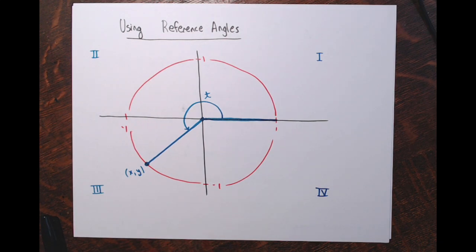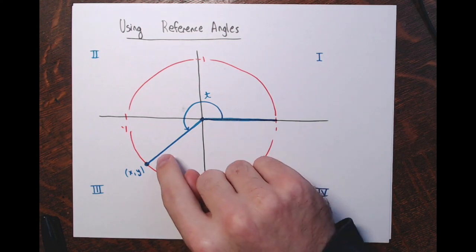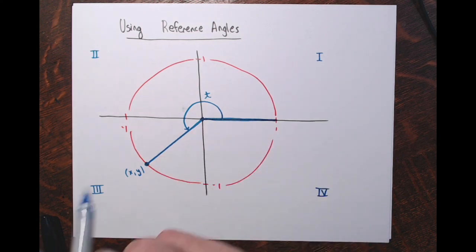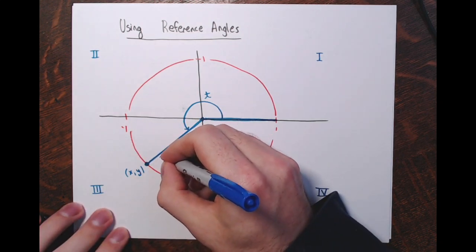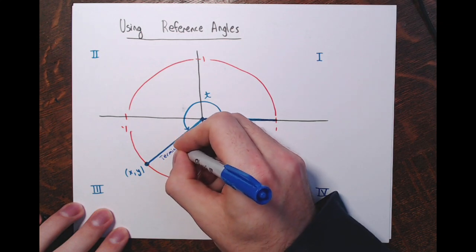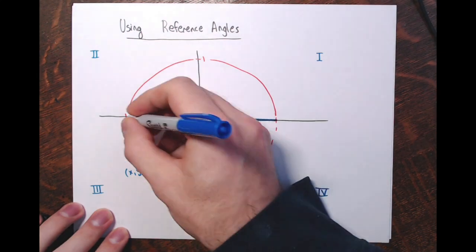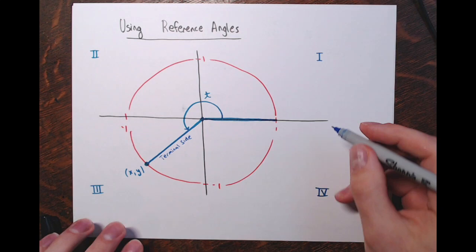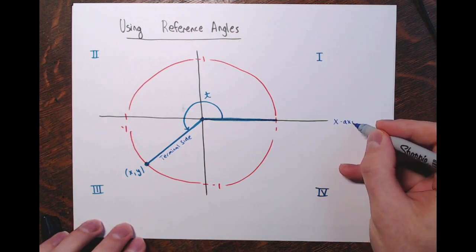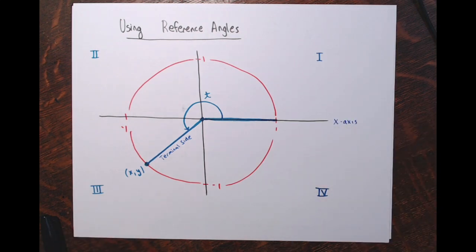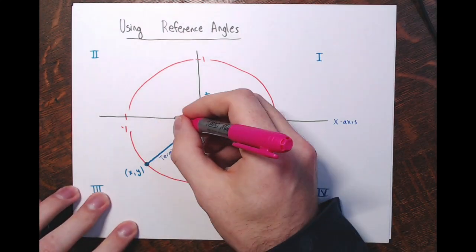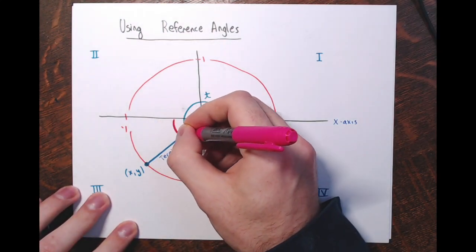Now remember the reference angle. The reference angle is formed by the terminal side, the side where the angle ends, and the horizontal axis, the x-axis. So the reference angle here is this angle right here.